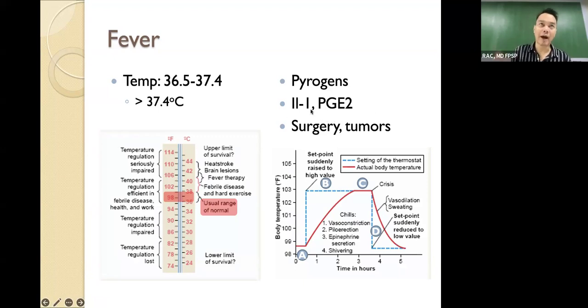This is the reason why antipyretics like aspirin, acetaminophen, ibuprofen, and paracetamol are good antipyretics, because they reduce prostaglandin synthesis. Also, certain surgical procedures and tumors can cause fever.